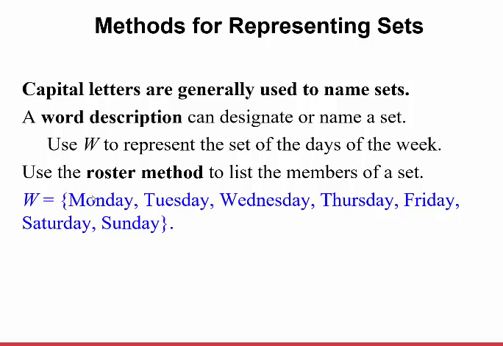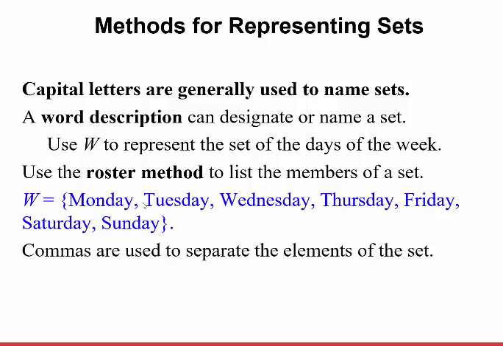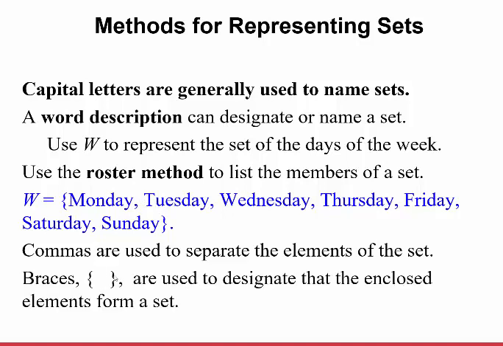Monday is an element in the set, Tuesday is an element, Wednesday, Thursday, Friday, Saturday and Sunday are all elements in the set. We use commas to separate the elements, and the braces designate that the enclosed elements form a set or group. So a set is just a group of common elements defined somewhere. This is the set of the days of the week.